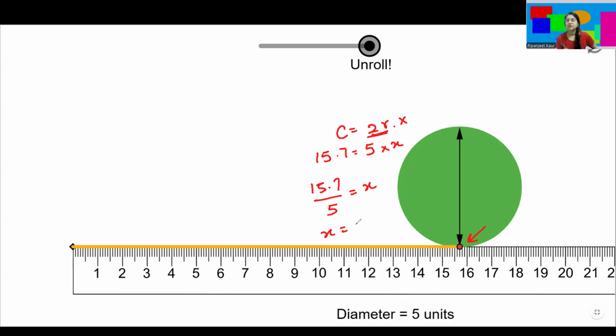Now 15.7 divided by 5 is equal to x. How much is it going to give us? 15.7 divided by 5. Yes, 5 times 3 is 15. Add 0, 70.